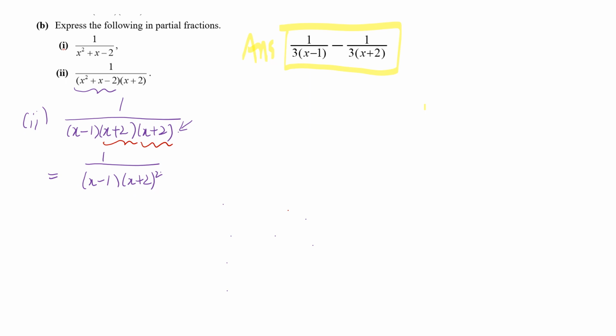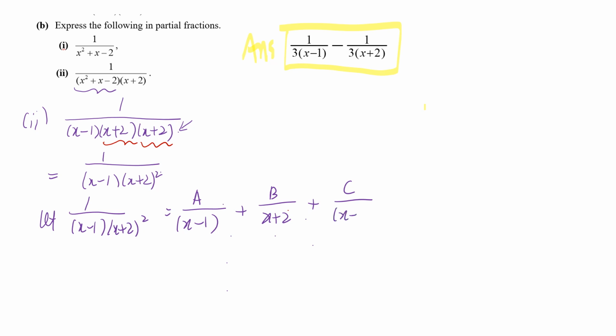So for linear and repeated linear, the partial fractions will be: first linear will be A over x minus 1. Second one will be B over x plus 2. Then C over bracket x plus 2 to the power of 2, squared. Can you see? Okay, it's a different story, right?